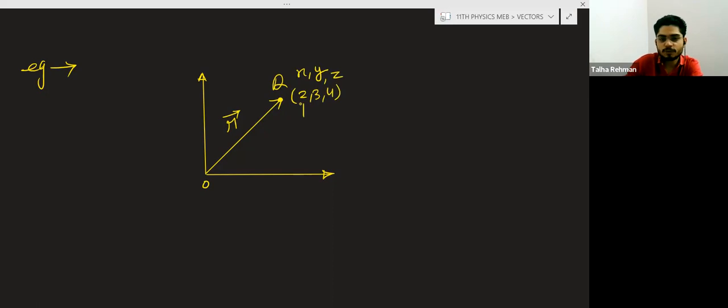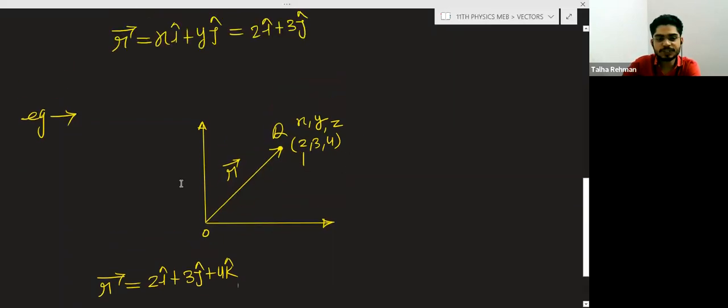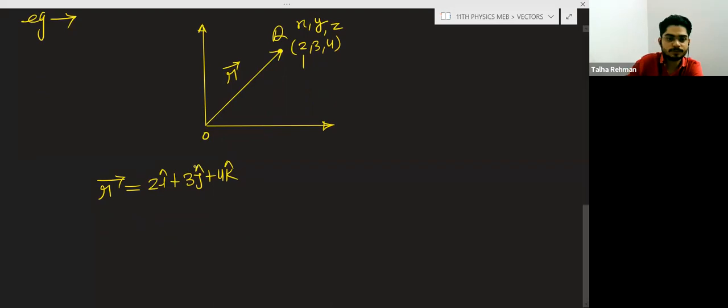So the position vector for the point Q will be 2 of i cap plus 3 of j cap plus 4 of k cap. Simple. This is the position vector for point Q.